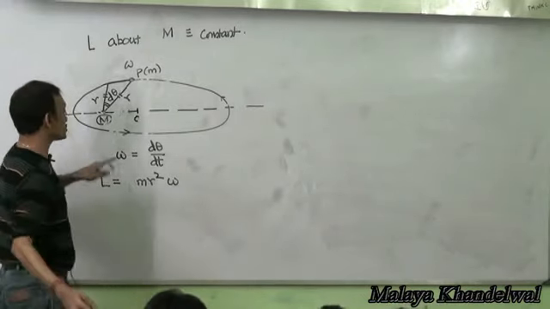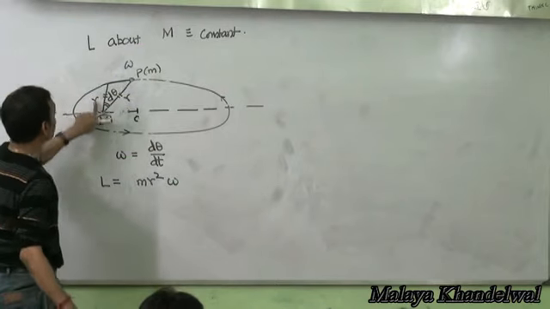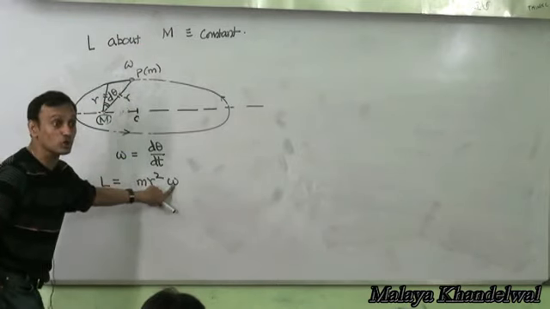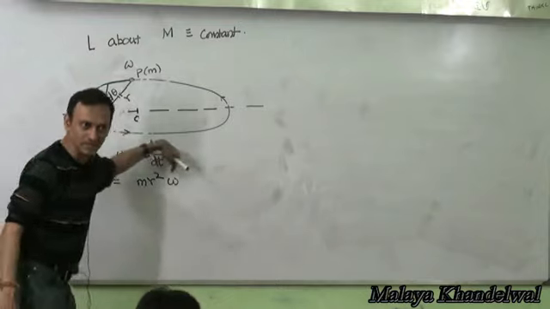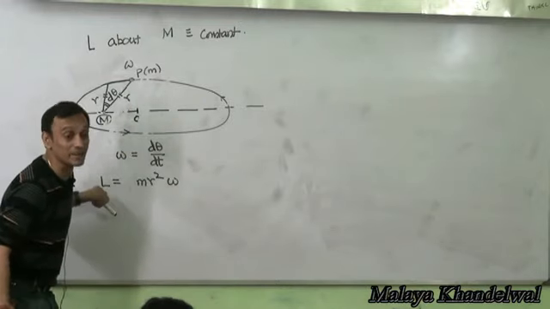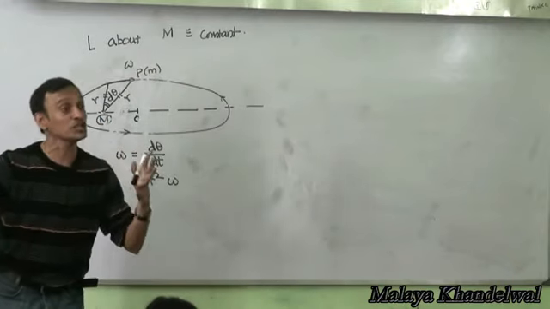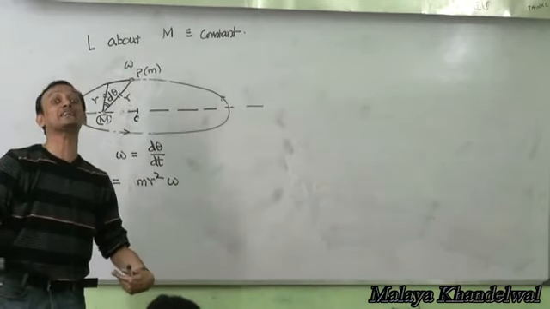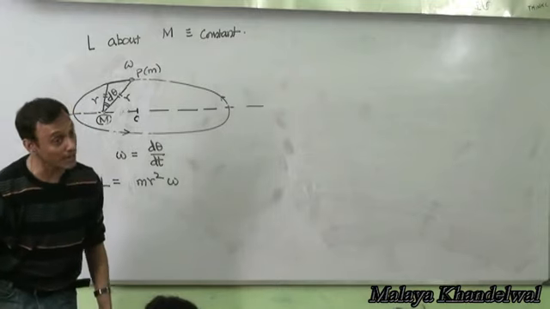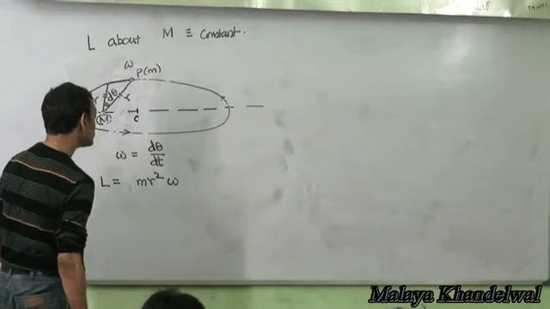Now, at different instants, r would be different at different points. Omega will also be different at different points along this elliptic journey. But L will be the same. Angular momentum about capital M will be the same. The angular momentum remains preserved because of no net external torque about capital M, right?